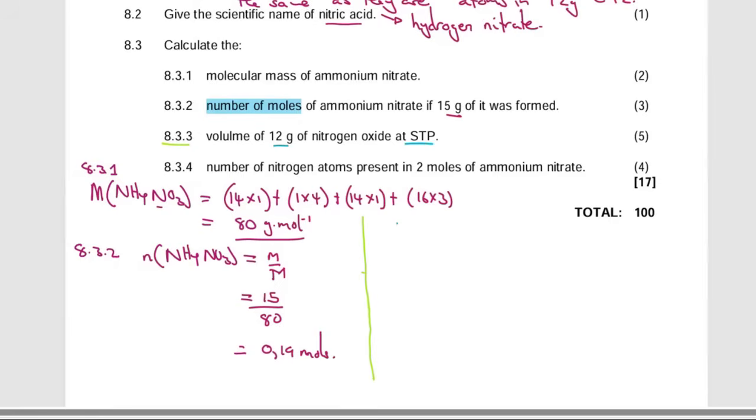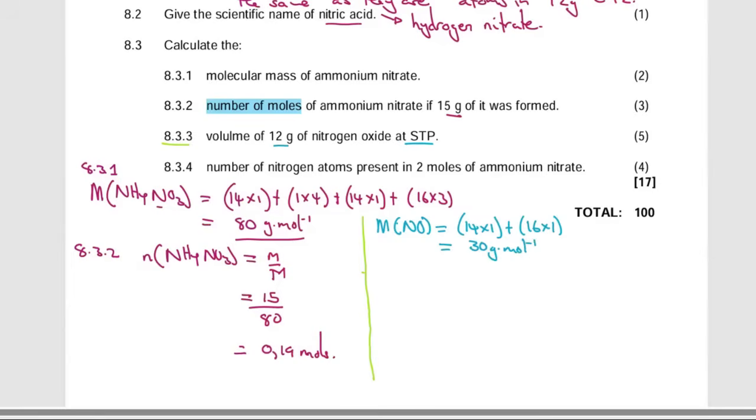I'm going to start with the molar mass of NO. The molar mass of NO is equivalent to nitrogen, 14 multiplied by 1, plus oxygen. How many oxygens do we have? We only have 1, 16 by 1, right? So if we do our math, 16 plus 14, we get a value of 30 grams per mole, right?